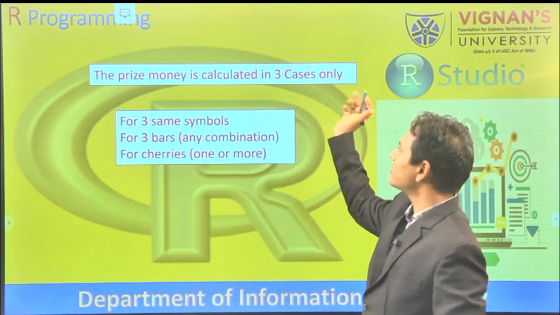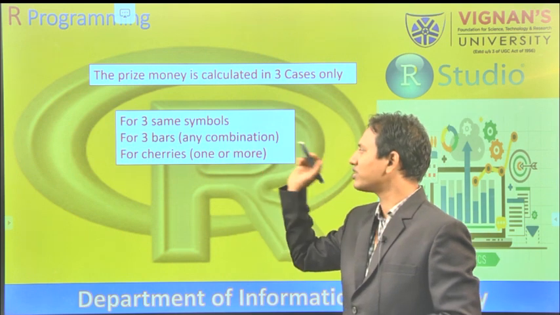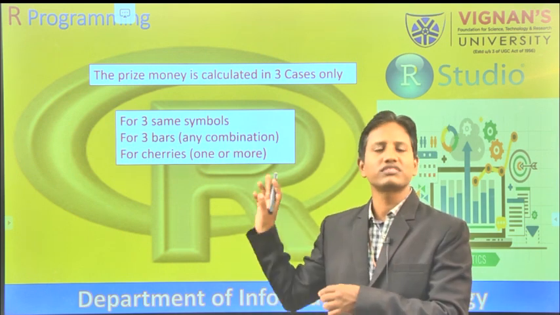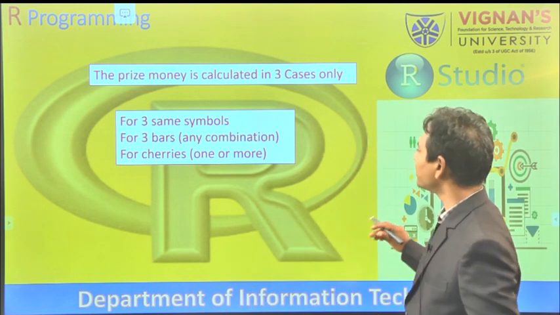The prize money is calculated in 3 cases only: for 3 same symbols, or for 3 bars, or for cherries. Only in these 3 cases you will be given money. Of course, we have some extra points.